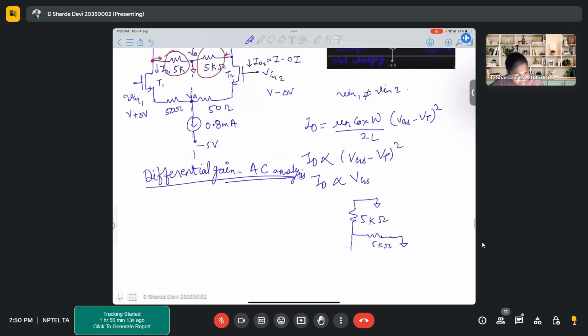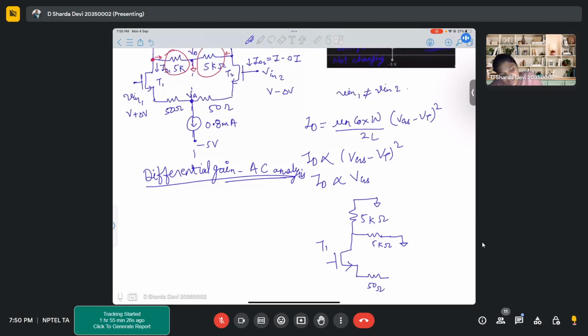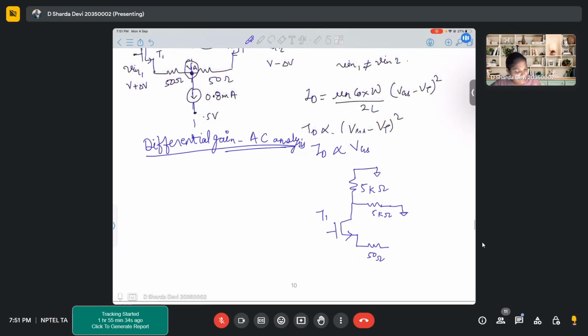Now there is a transistor T1. With this transistor there is a resistor of 50 ohms. And I earlier said that this node VA is not changing. It is constant. So that means it is also a DC node again, so it will be AC grounded.